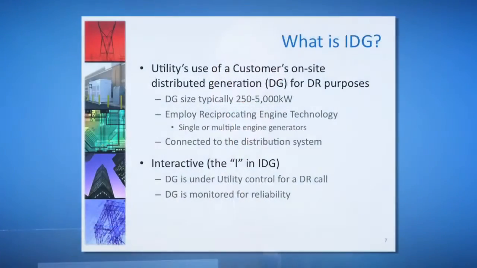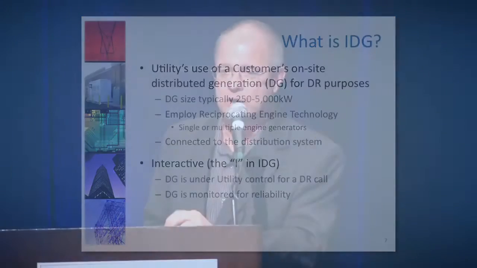So when we look at IDG, that's making it interactive. That's what the I is all about. Typical size, 250 kilowatt to about 5 megawatt. Yes, there are bigger data centers, and yes, there are small emergency power generators. But a sweet spot to apply this in industry is around the 250 kW to about 5 meg, sometimes the 10 meg size. And the reason is, a lot of facilities are connected on distribution.